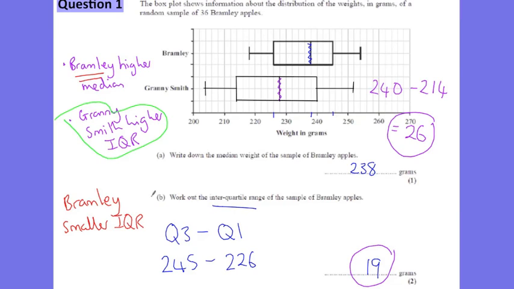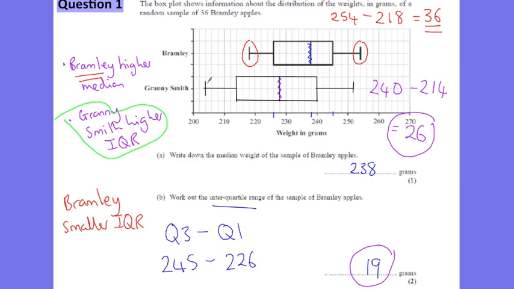interquartile range. You can also see here in terms of the range, our range here goes from 254, subtract here 218. We subtract these two numbers and we get 36. The range here is 36.